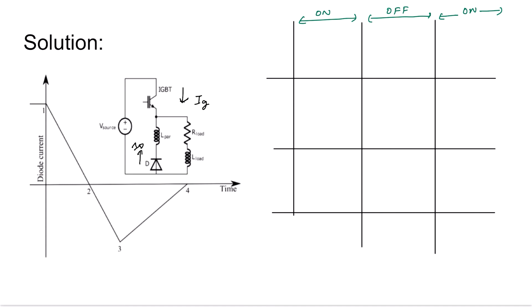So let us draw the load current first. When the IGBT is turned on, neglecting its losses, the source gets connected to the load, and due to being RL in nature, the current rises linearly.